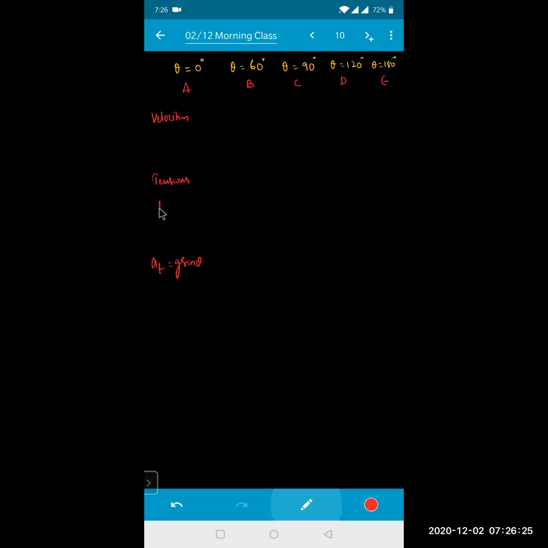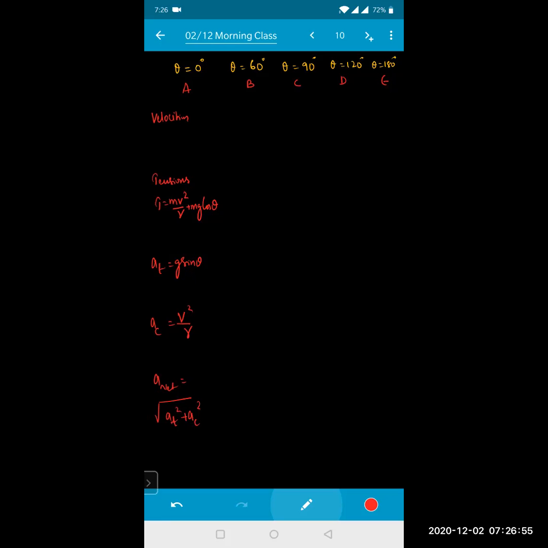Tension formula is T equals m into v square by r plus mg into cos theta. Then centripetal acceleration AC will be equal to v square divided by r. Then net acceleration is needed. A net is equal to under root of AT square plus AC square.